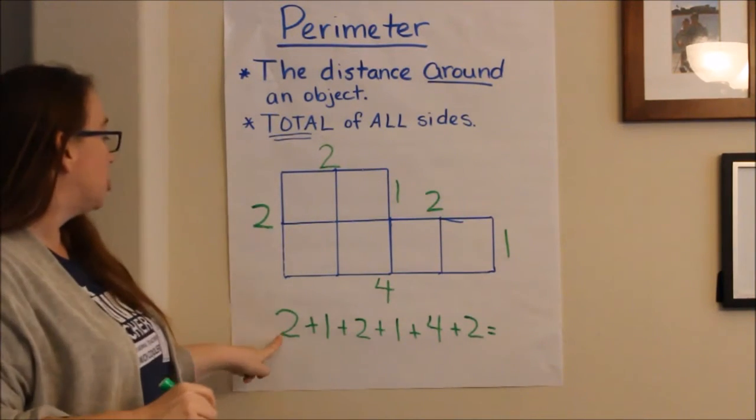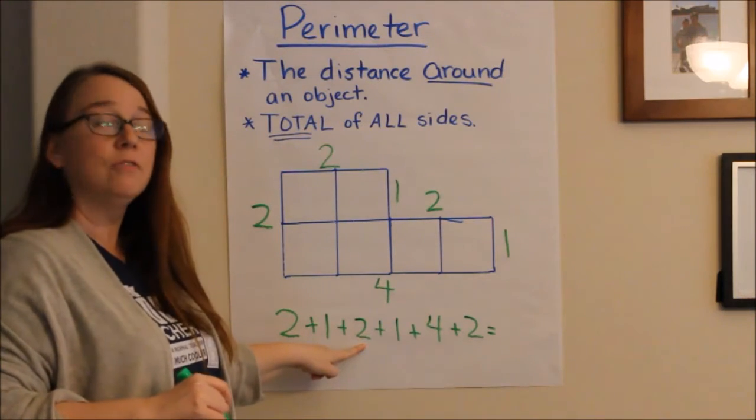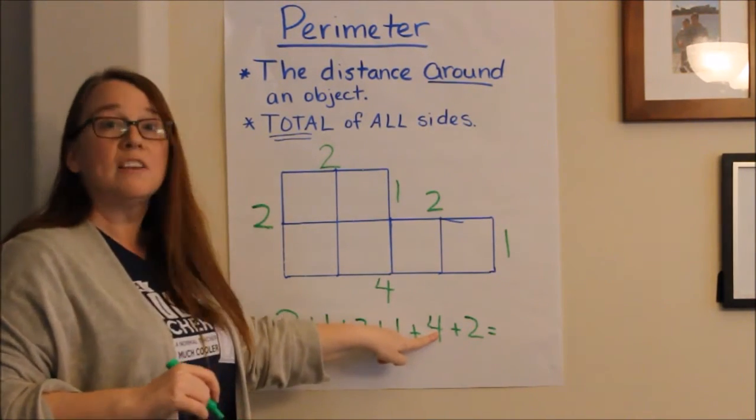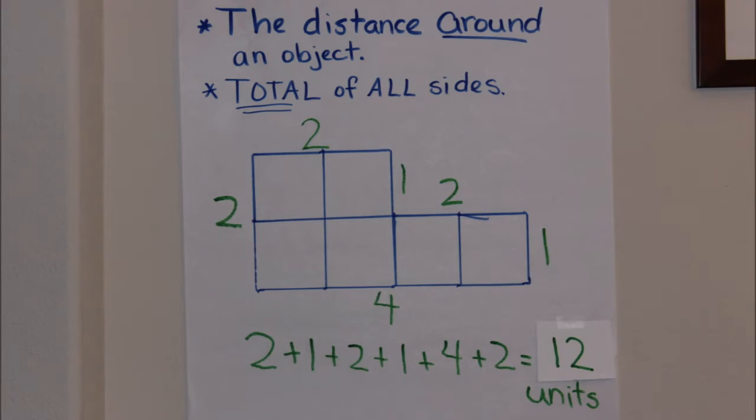When I add those up, I have 2 plus 1 is 3. 3 plus 2 more gives me 5. Plus 1 gives me 6. Plus 4 more gives me 10. Finally, we add our 2 more. The final perimeter is 12 units long.